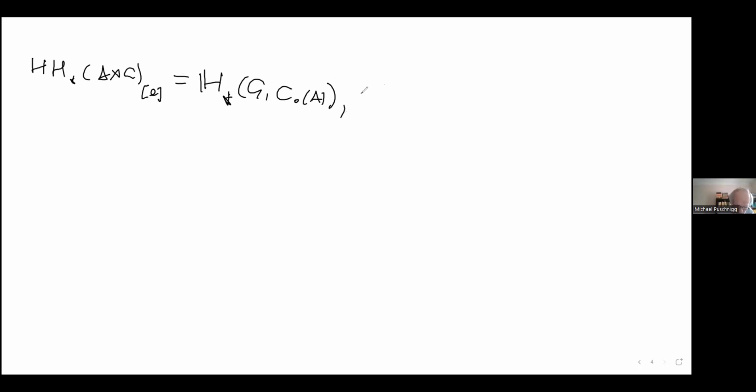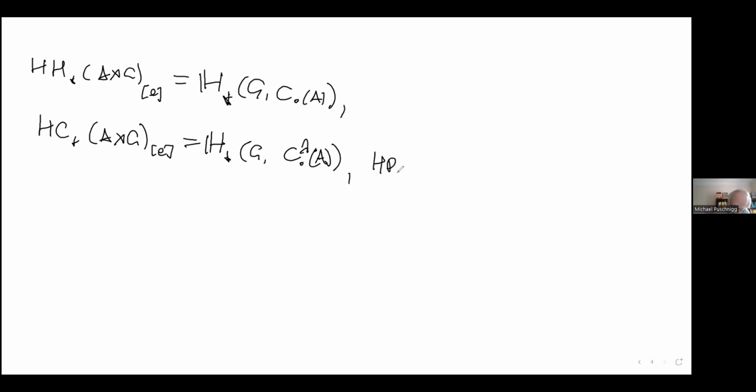And with this, you derive that the cyclic homology, at least the homogeneous part of the cyclic homology, becomes the hyperhomology of G with coefficients in the cyclic complex of A. And finally, for the periodic cyclic homology HP of a cross product, its homogeneous part is given by the hyperhomology of G with coefficients in the periodic cyclic complex of A.